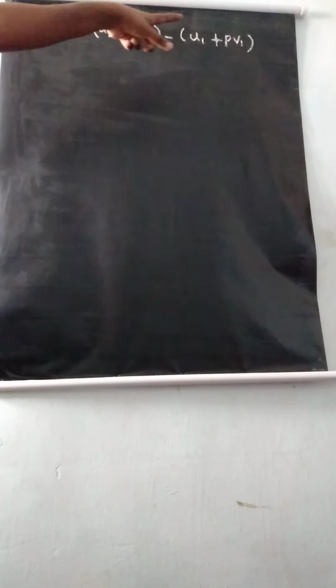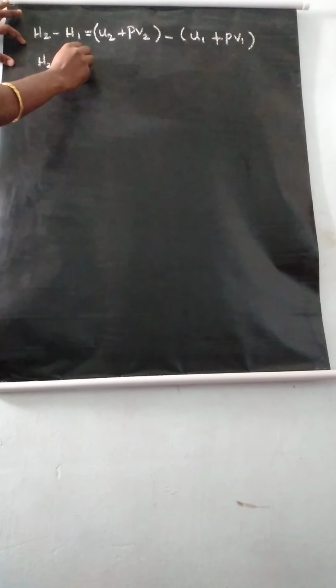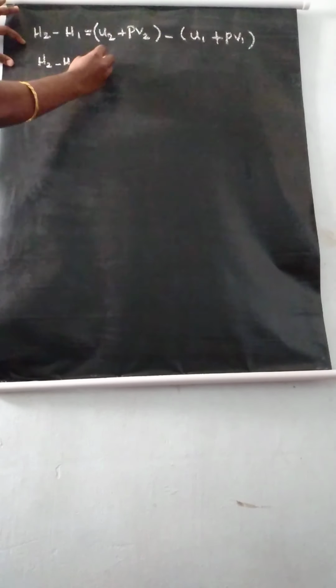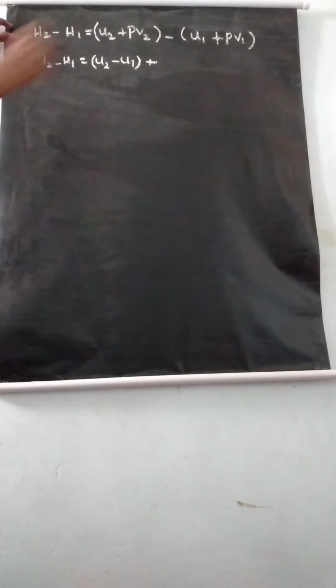In the next step we can write the U terms together and the pressure and volume terms together. H2 minus H1 is equal to U2 minus U1 plus PV2 minus PV1. Pressure is common, so take P outside: P into V2 minus V1.